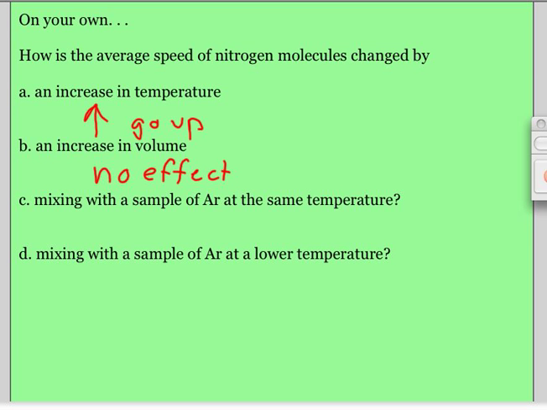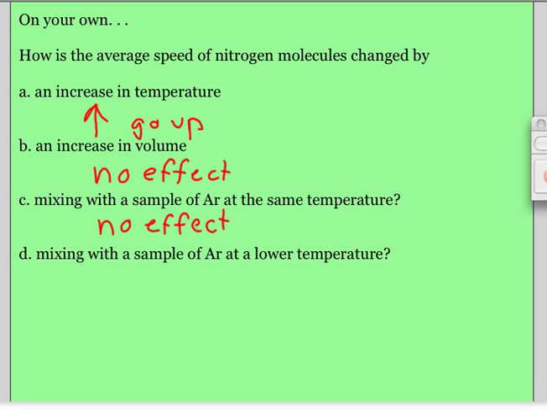Letter C, what happens if we mix it with argon now? And the argon is the same temp. If they're at the same temp, that means there's no energy exchange or anything. And just because there's argon there doesn't mean anything will happen to nitrogen. So there should be no effect.